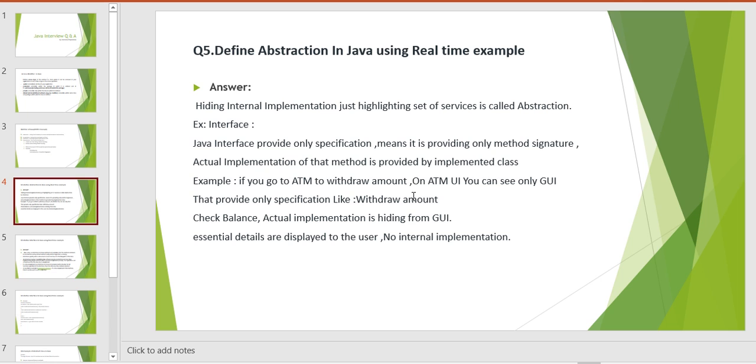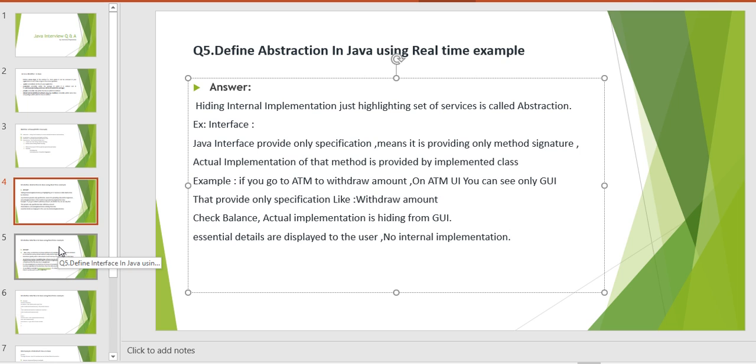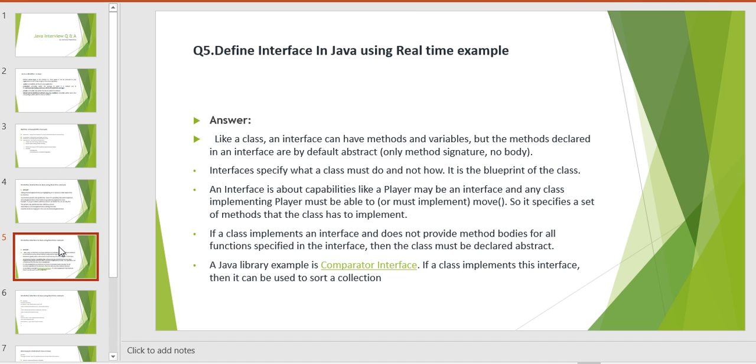So the ATM GUI only provides the specification, so it is one example of an interface. Essential details are displayed to the user, with no internal implementation. Nobody can see the internal implementation; they just look at the GUI and see only the specification. So an interface can provide only specification, and the implementation is provided by the child class.